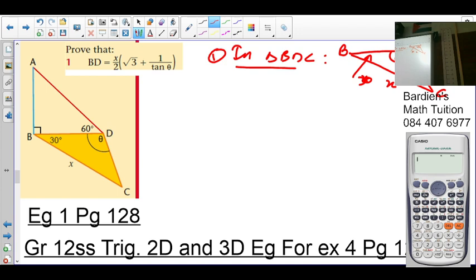So what can we do? Is this a right angle triangle? No. So automatically we know we must use the sine, cos, or area rule. Sine rule, cos rule, where you get a tan, area rule. In non-right angle triangles. Okay, so people, let's look at what we have. We need BD.